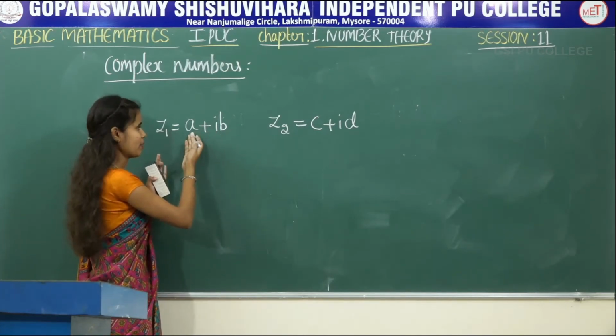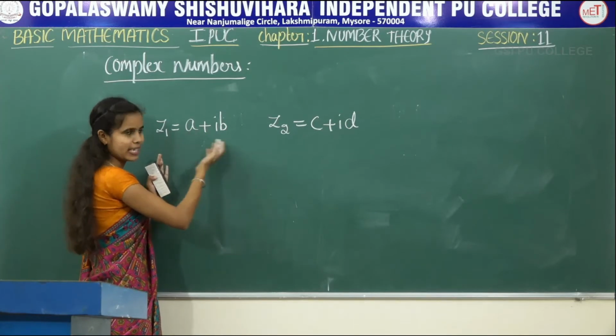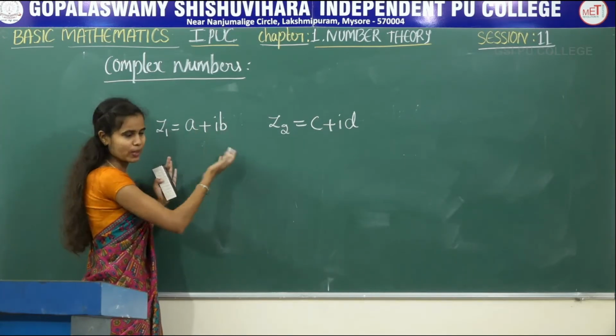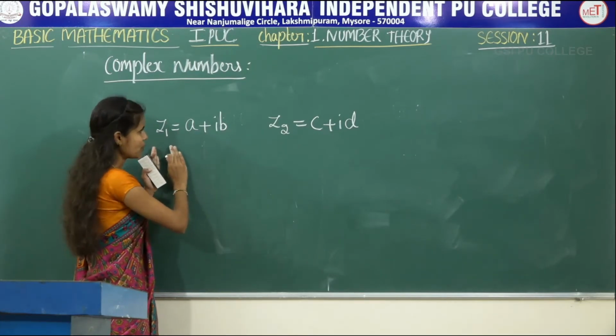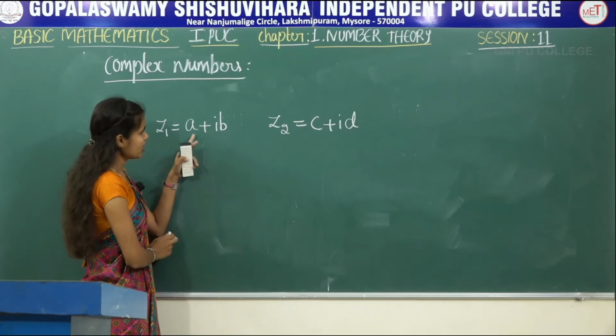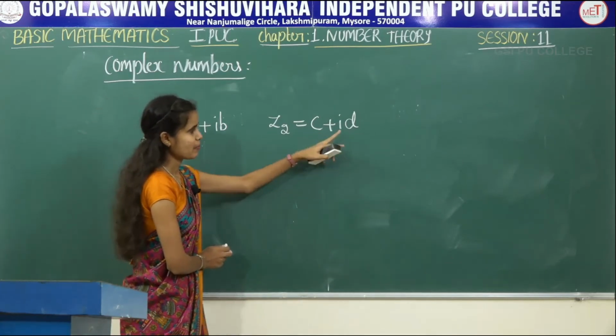Here a and b are real numbers. You can write any variables, either A, B, C, D, E, F or X plus I into Y. No problem. One is Z1, another one is Z2, in the form of A plus IB, C plus ID.